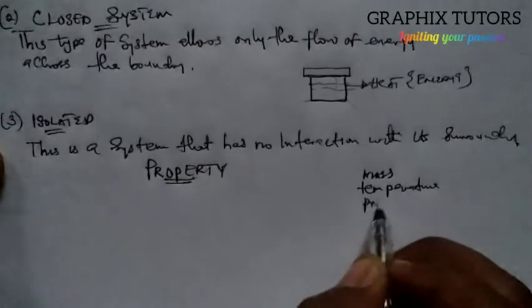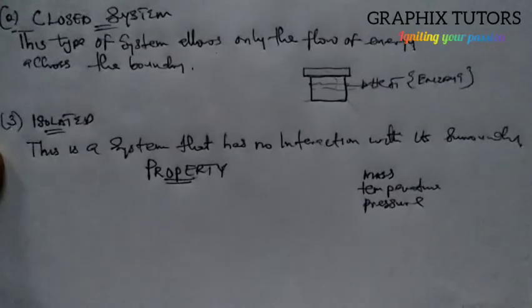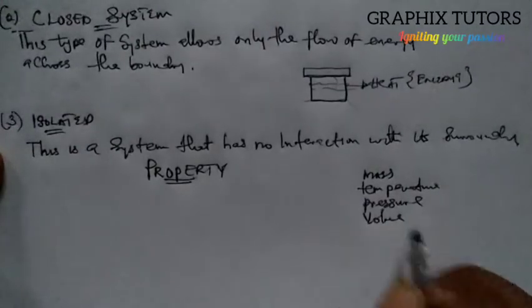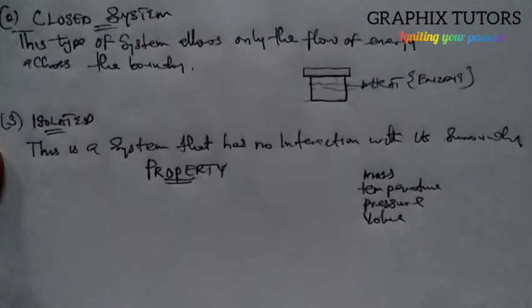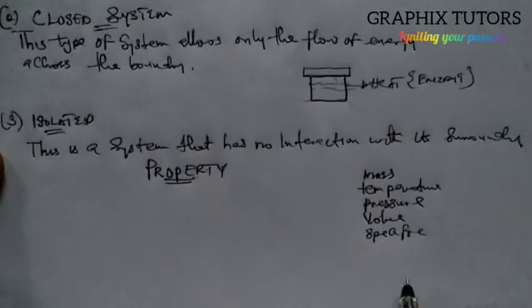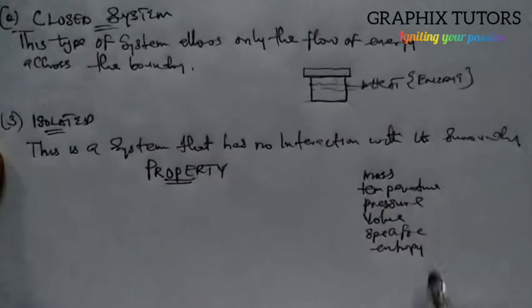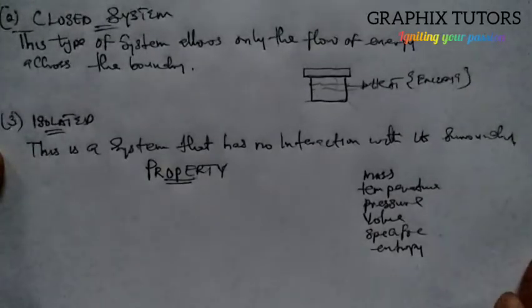The pressure is another property of the system. The volume is a property of the system. Specific volume also is another property of the system. We have what is called the entropy, also another property of the system, and so on and so forth.